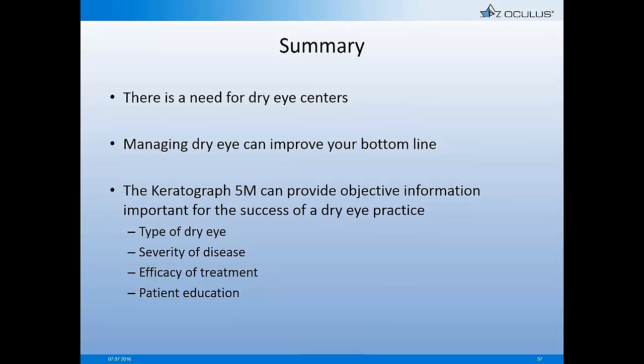We can look at the severity of the disease. We can look at the damage to the ocular surface. Also, it's good for gauging the efficacy of your treatment. And then, as I mentioned, the patient education, and Dr. Botts mentioned quite a few times, being able to show the patient their condition really hits home for them, I think.